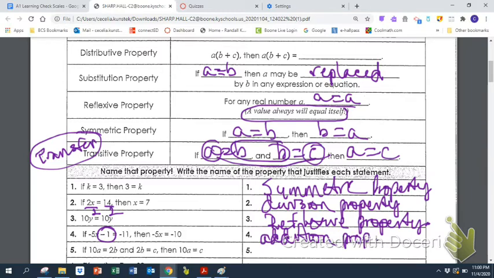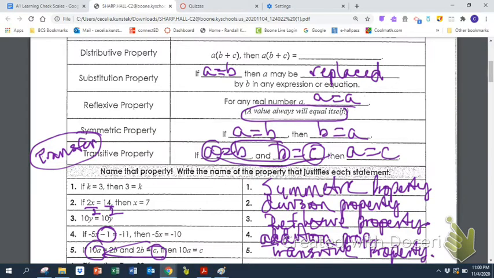I'm just going to abbreviate that word now. And on number 5, if 10a is equal to 2b and 2b is equal to c, hopefully this is coming back to you, then what we have there is 10a is equal to c. We transferred the 10a to the c, cutting out those two b's. So that is your transitive property.